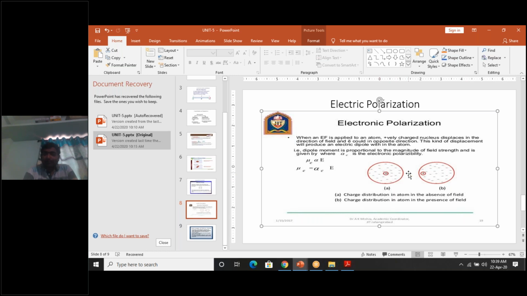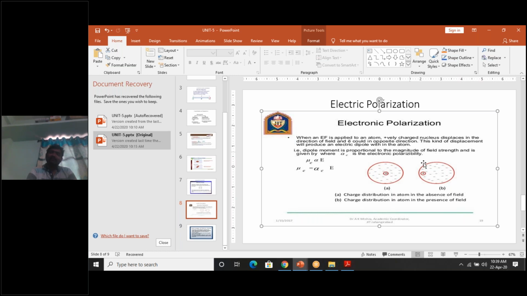You know, the positive nucleus will be displaced in the direction of the electric field. So what is the direction of the electric field? It is in the negative x-axis direction. I applied an external electric field in the negative x-axis direction.